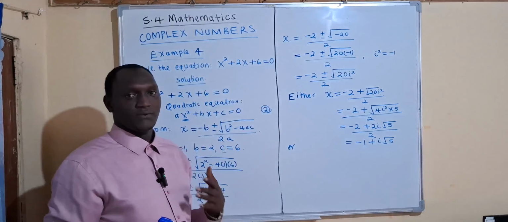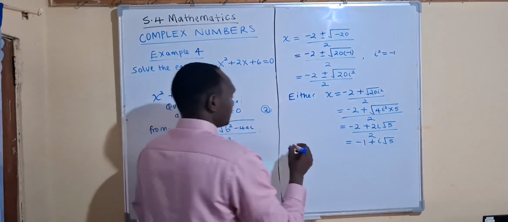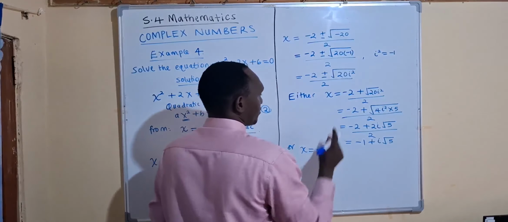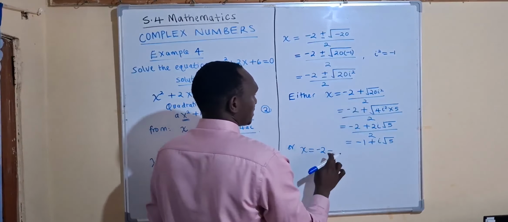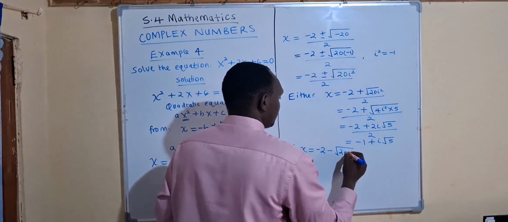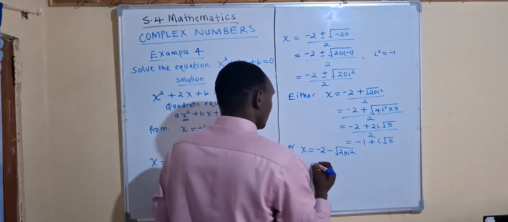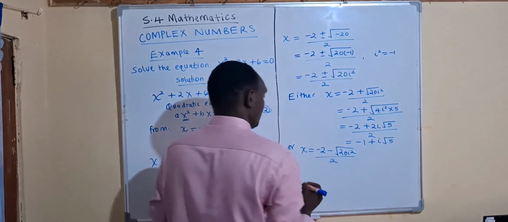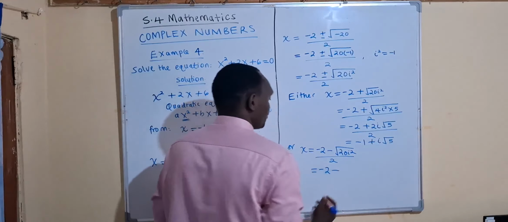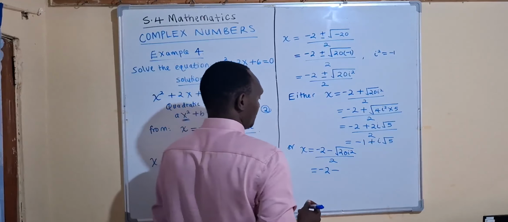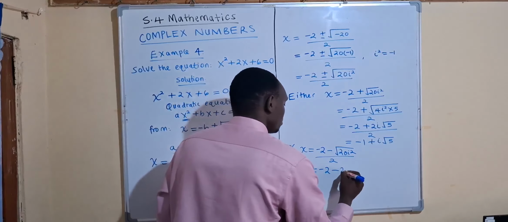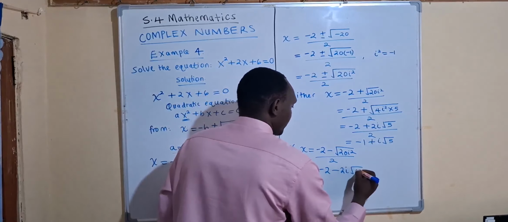For the second root, we are going to take the negative part. So we say x equals -2 minus, because here we took plus, for this case we are taking minus, the root of 20 i squared, over 2. Don't forget that 2. Now this gives us -2 minus, what is the root of 20 i squared? The root of 20 i squared is the same as 2i root 5.